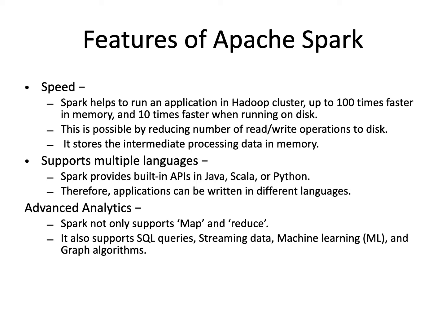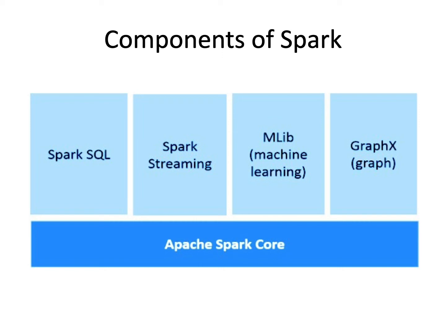Because of this, we can use it for the processing of big data more efficiently. So let's see some of the components. It consists of Spark SQL, Spark Streaming, MLlib, the machine learning library, GraphX for graphs, and the Apache Spark core.